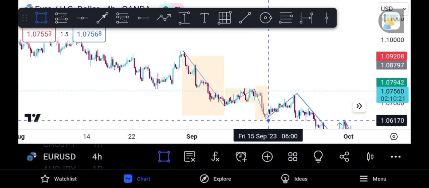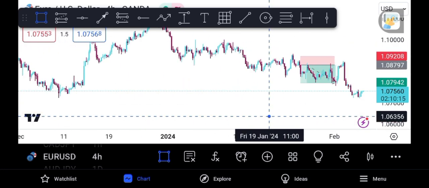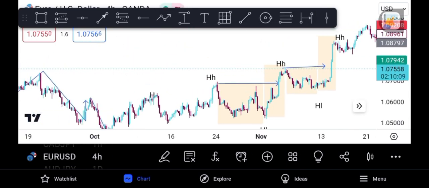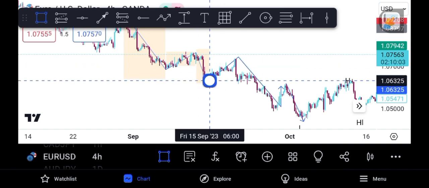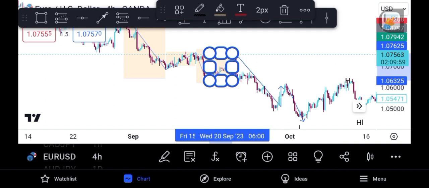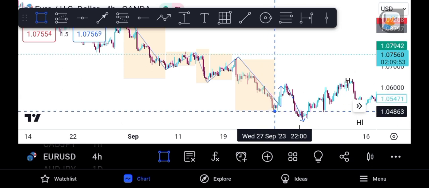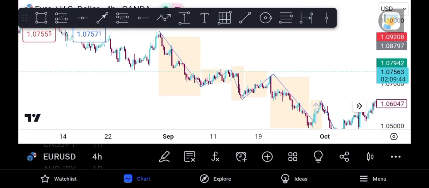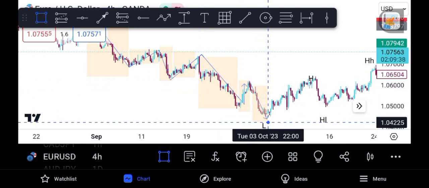An impulse move to the downside, a correction to the upside, an impulse move to the downside, a correction to the upside, then an impulse move to the downside. That is the first characteristic of a downtrend.